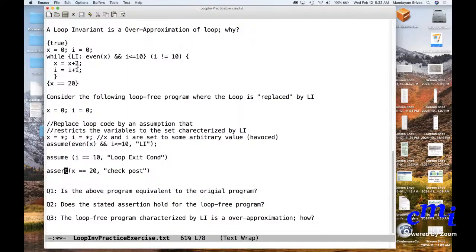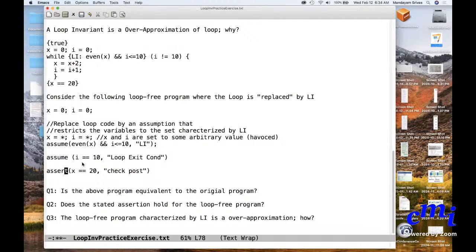But you know there is a bound on the value of x that the program can make x take. So when I say the loop invariant is an over approximation of the behavior, it does include all the behavior of the original program, but it can include something more beyond that, which in this case is that it doesn't bound the value of x, although it does bound the value of i.